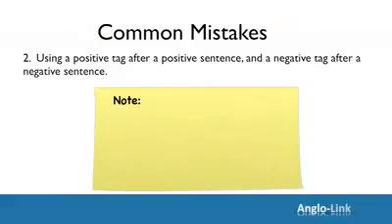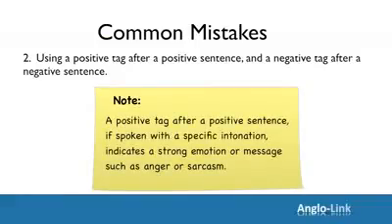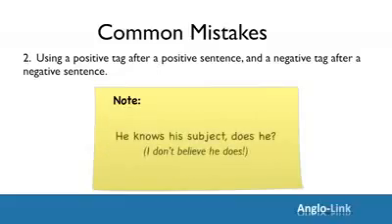Now, one important thing to be aware of is that it's possible to use a positive tag after a positive sentence in very specific cases, because a positive tag after a positive sentence, spoken with a specific intonation, can indicate a strong emotion or a strong message, such as anger or sarcasm. For example, if we take the last sentence that we corrected, he knows his subject, does he, and we corrected it to he knows his subject, doesn't he?